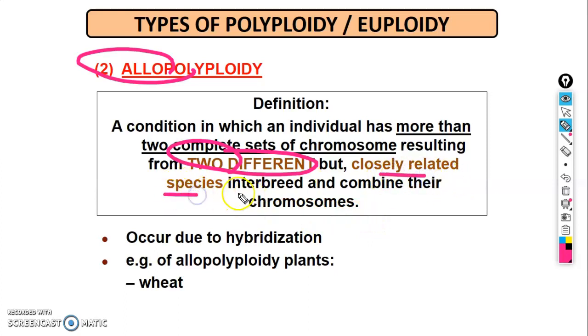Closely related here means, for example, tiger and lion, not tiger with bird, because the tiger will eat the bird. They interbreed and combine their chromosomes, and this occurs due to hybridization. An example of allopolyploidy is wheat.